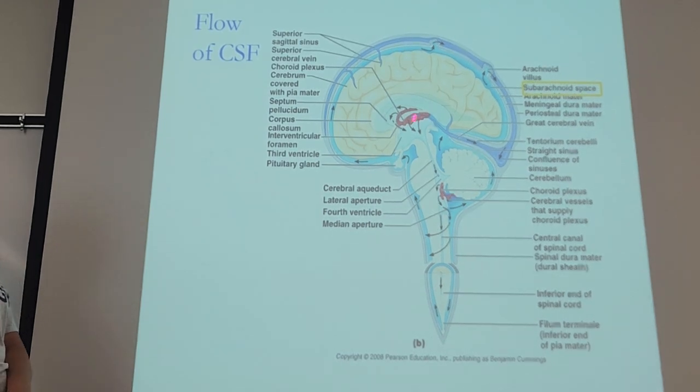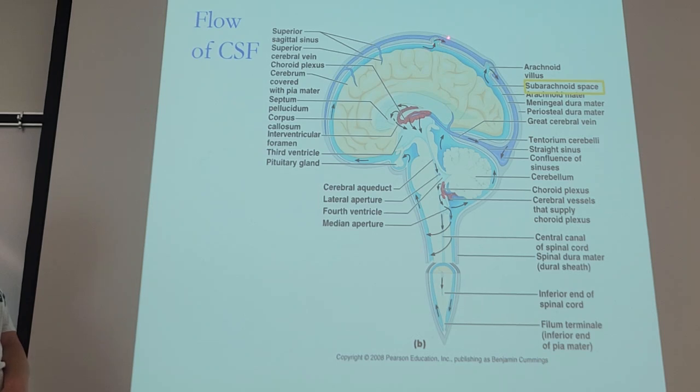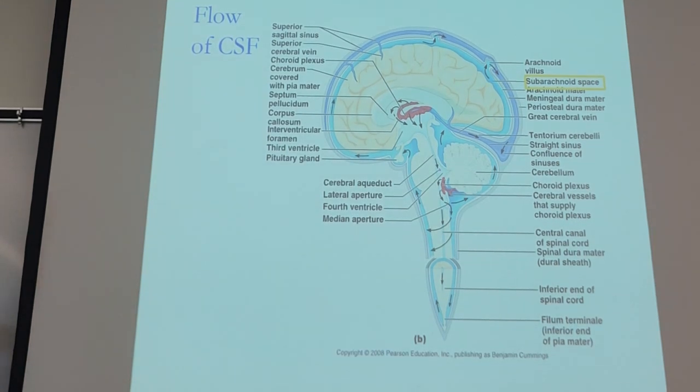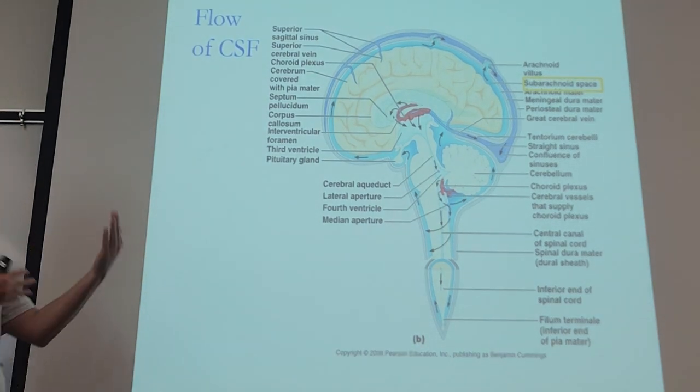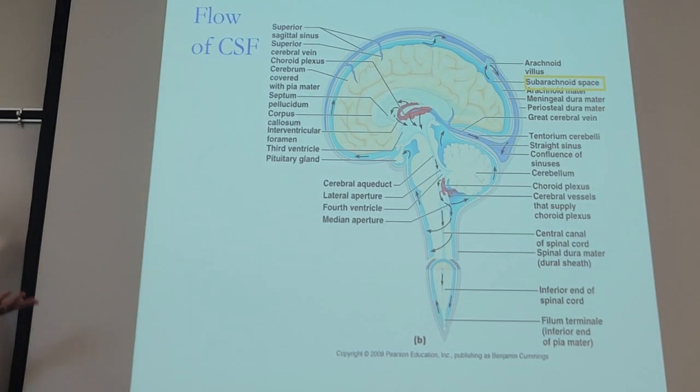Well, that's because we're getting this resorption happening constantly. It's constantly being resorbed back into the venous system. And the rate at which CSF is being made is the same rate at which it's being resorbed, so that allows for equilibrium and homeostasis between the volume of fluid that's flowing.